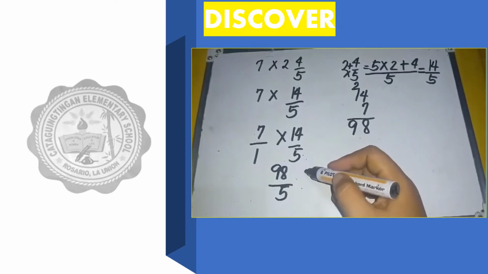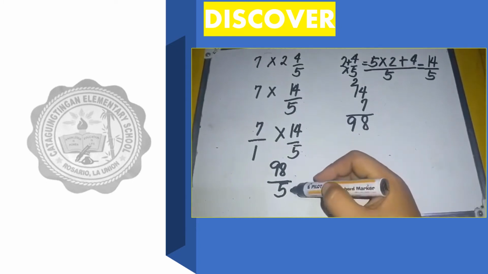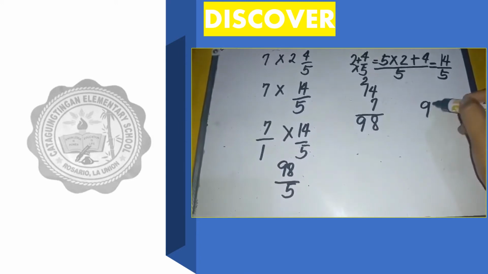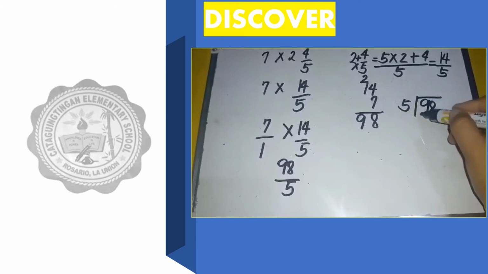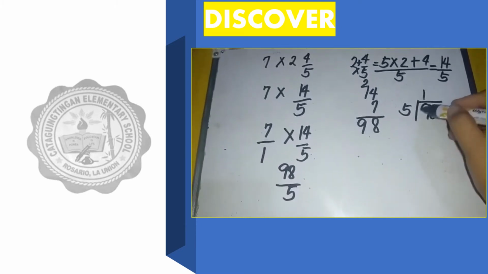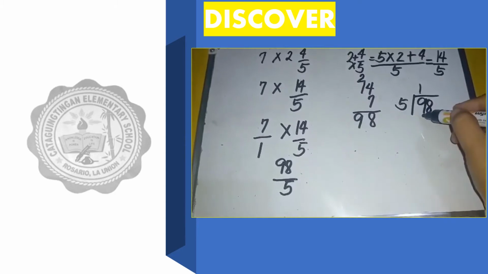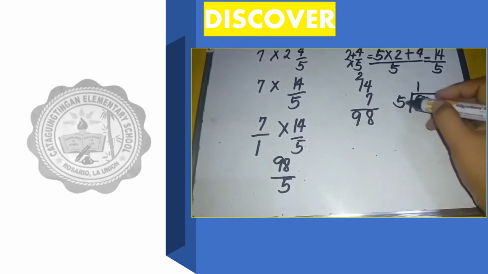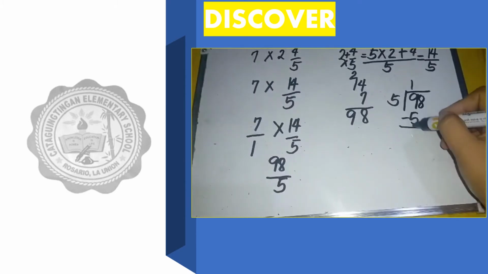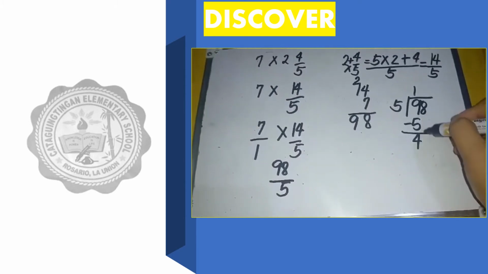Now, napansin ninyo, mas mataas yung numerator kaysa yung denominator. Pag isi-simplify natin yan, we will divide 98 divided by 5. 9 divided by 5 is 1. 1 times 5 is 5. So, we will subtract. 9 minus 5 is 4. Let us bring down 8.